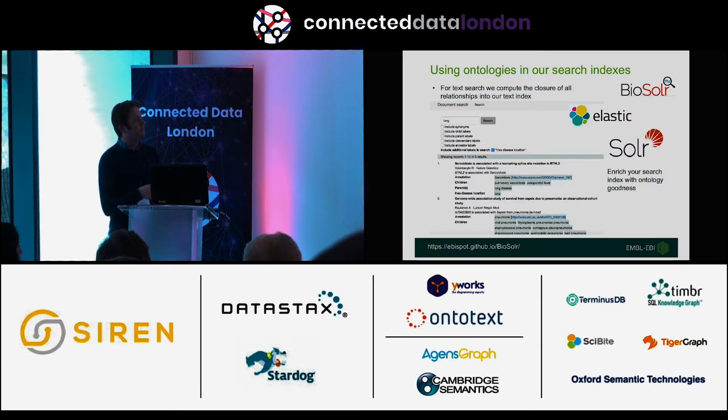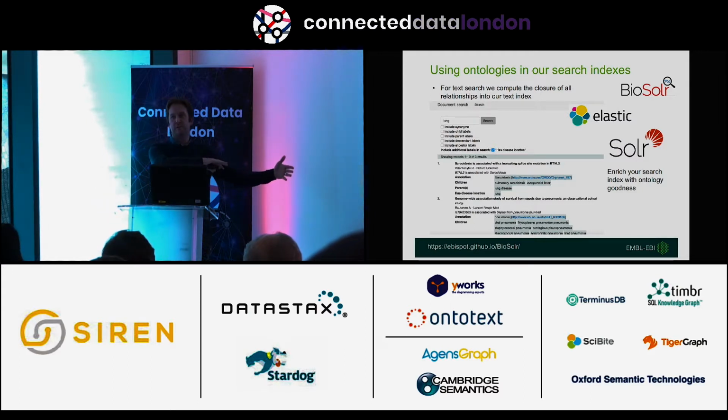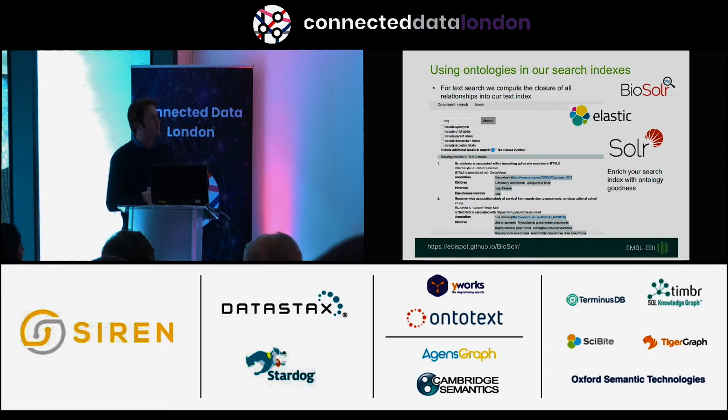We've written plugins for Elasticsearch and Solr, so that once you've got your data loaded into your document store and you've got one of your fields that has an ontology concept, these plugins will identify the ontology concept, go to the Ontology Lookup Service, pull out all the labels and synonyms and all the parent terms and all the related terms, and inject them directly into your search index.